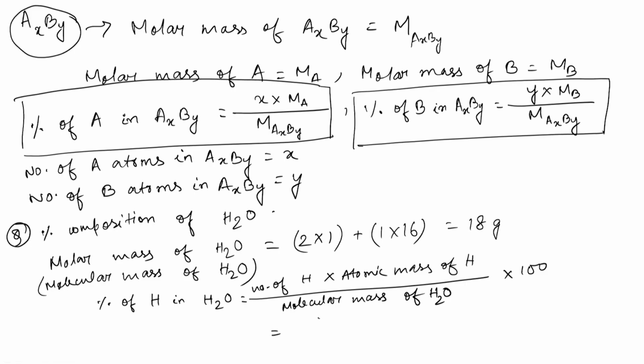So, this is 2 into 1 divided by 18 into 100. This comes as 11.11%.